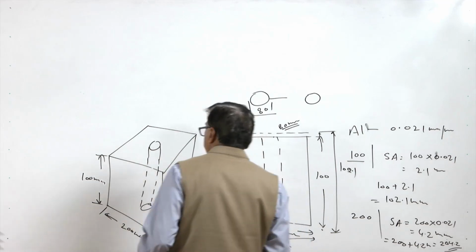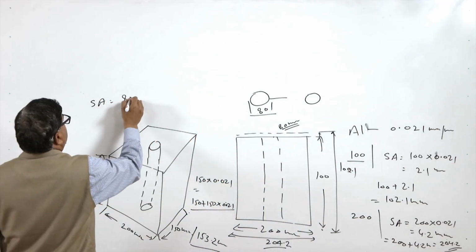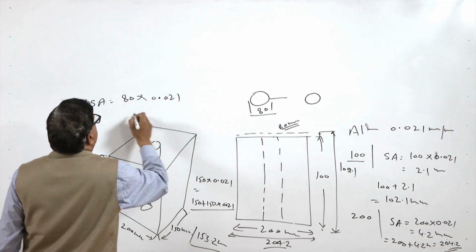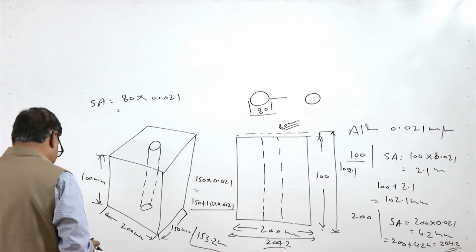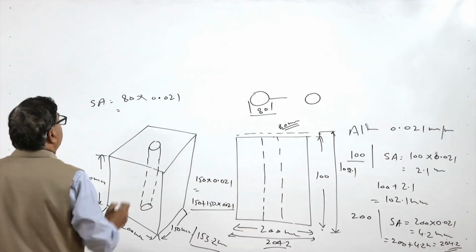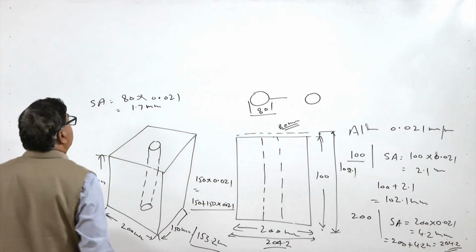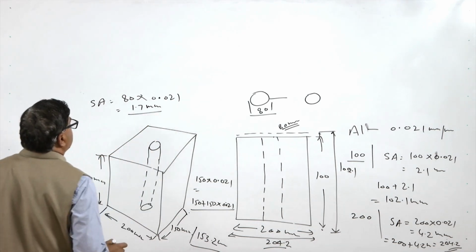For that purpose, the shrinkage allowance will be 80 multiplied by 0.021, which gives us 1.7 mm, and this is to be reduced.